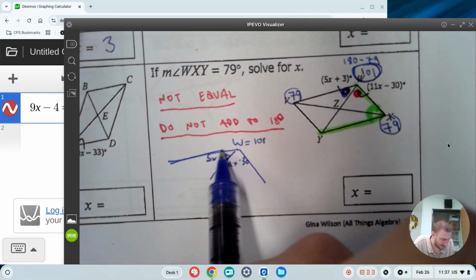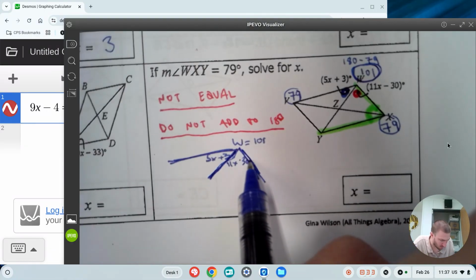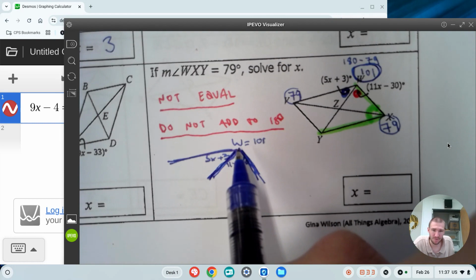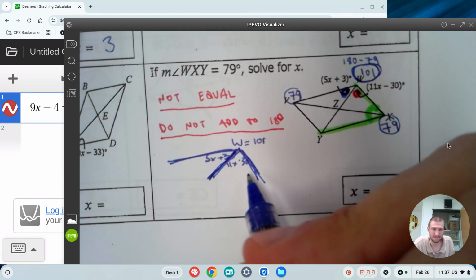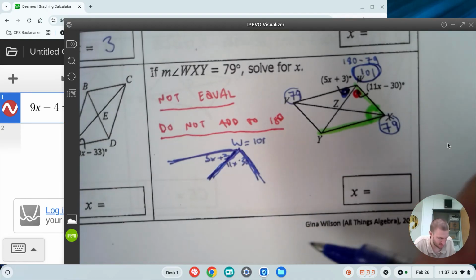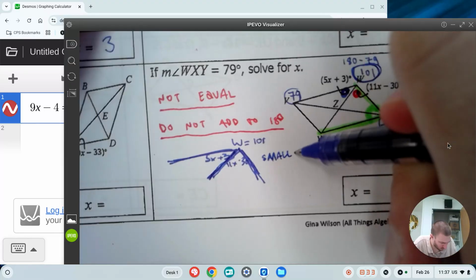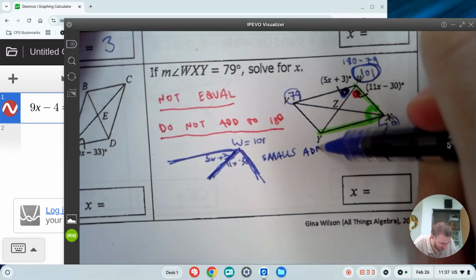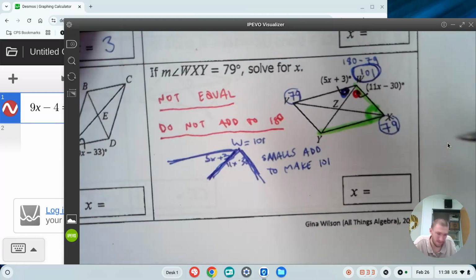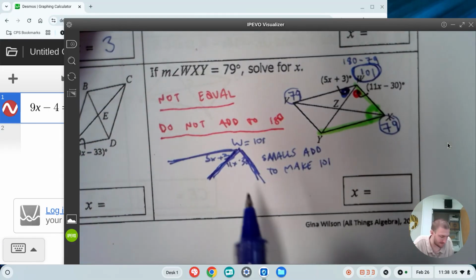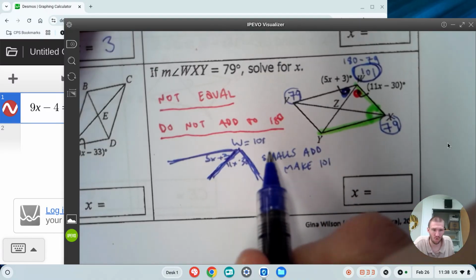So we have the small one and the other small one, and W represents both of them together. So what we're going to do for this question is we're going to say that the smalls add to make 101. That these 2 small angles are going to add up to make W, which is the whole thing.